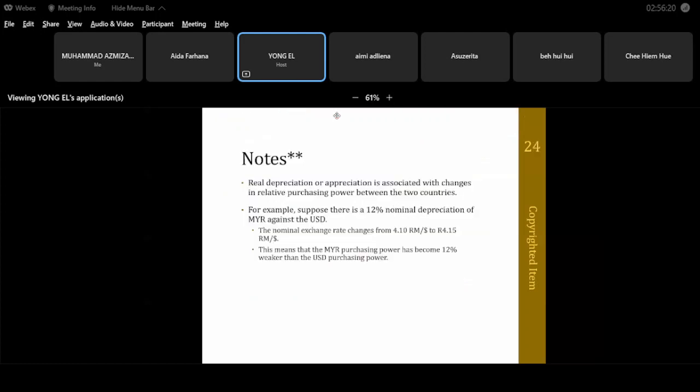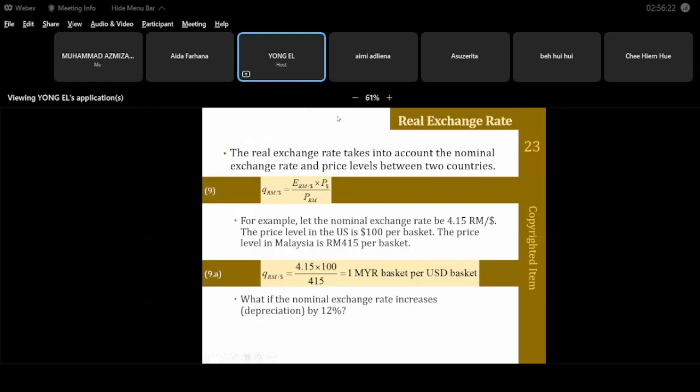For the real exchange rate, this is the formula. If you look at these equations again, sorry, I have to write this many times just to remind you, this is the exchange rate. What we're going to do here is simply rearrange this term.